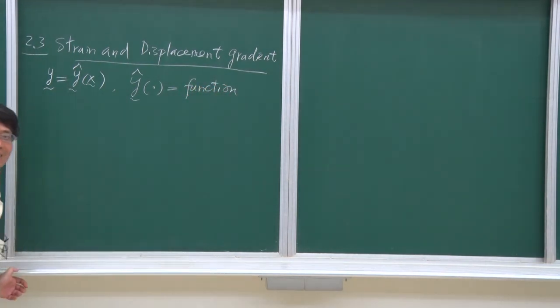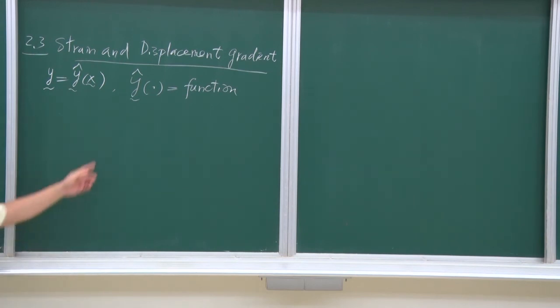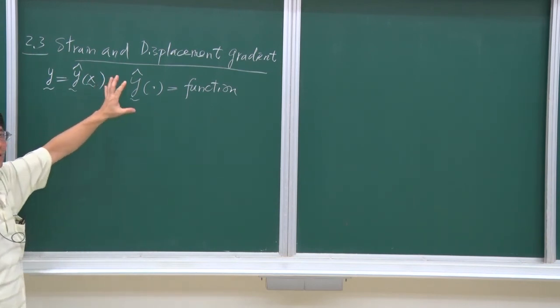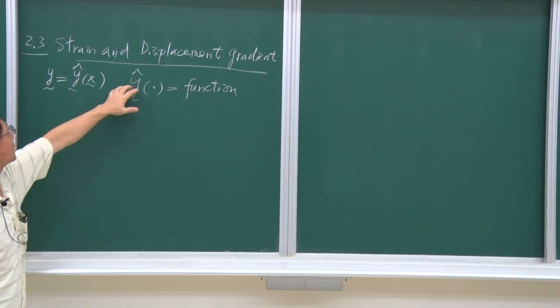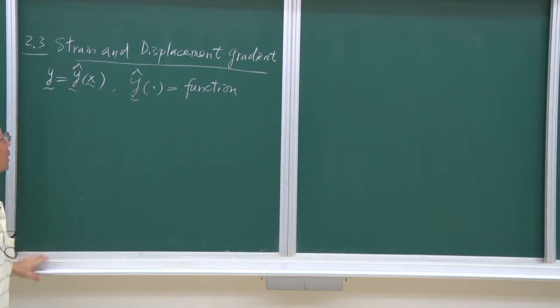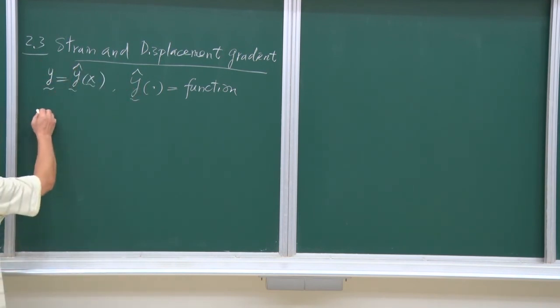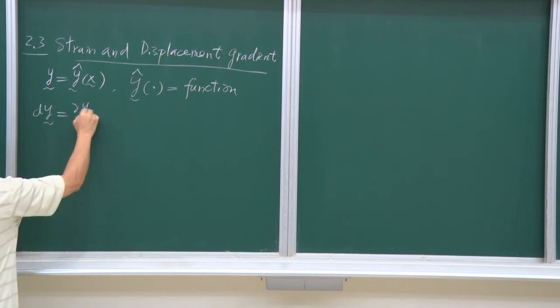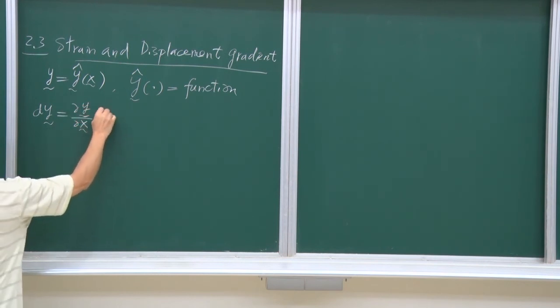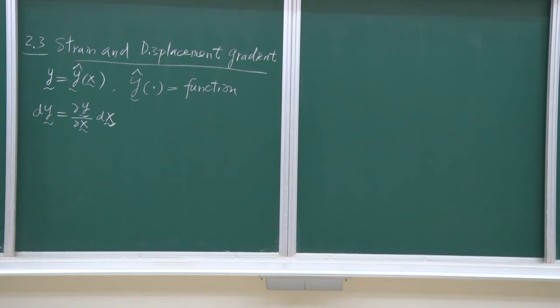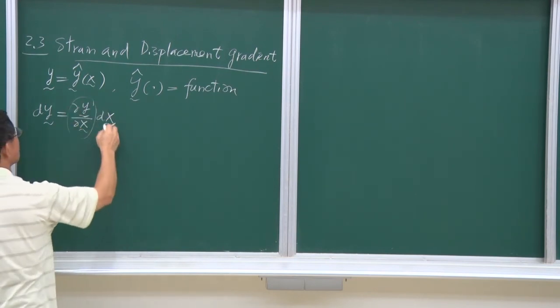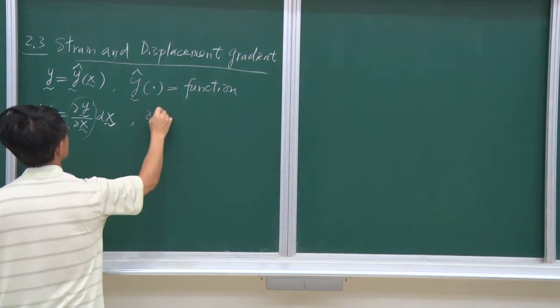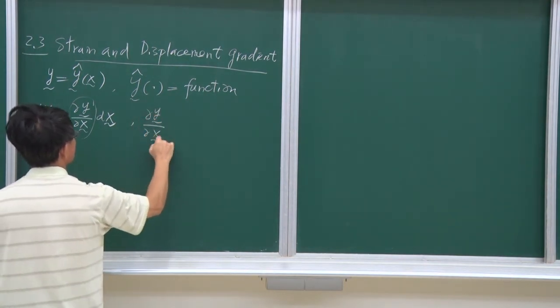We just want to use this symbol to remind you this one is different from this one. And also we can take the gradient. Okay, this is called the gradient. This is called the deformation gradient.